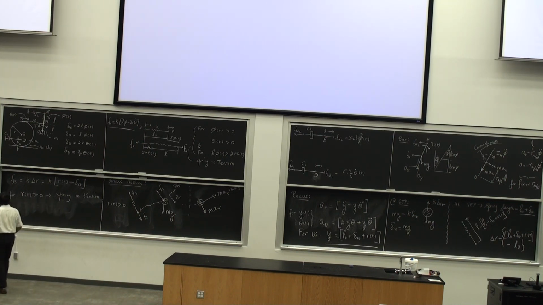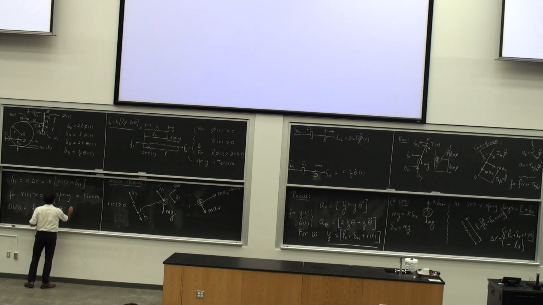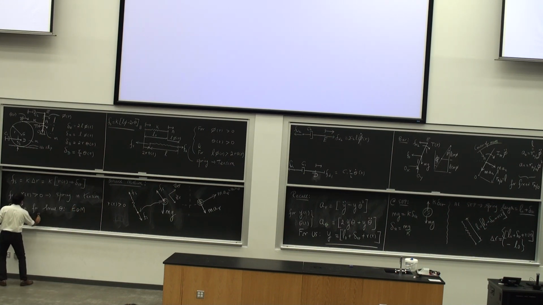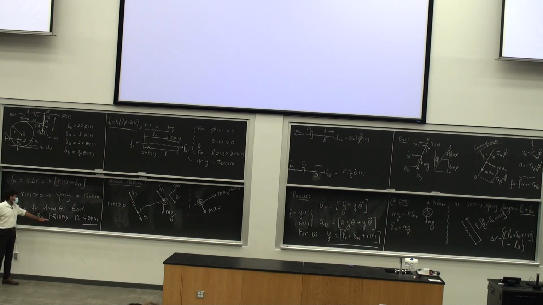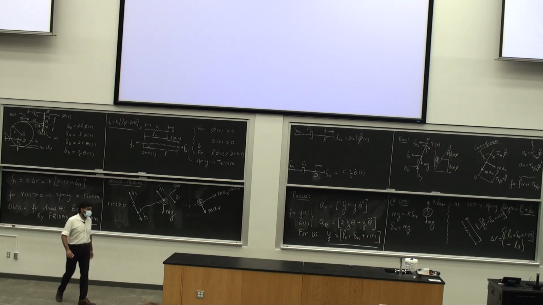So obtain by Friday, for small theta, which means sin theta is theta, cos theta is 1 for small theta, the equation of motion, by Friday, 12:40 p.m. I have created an online Dropbox, and I will for sure have the solutions of this posted, my own work posted on Current.